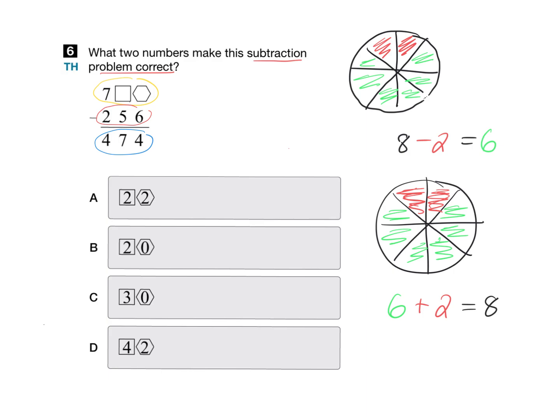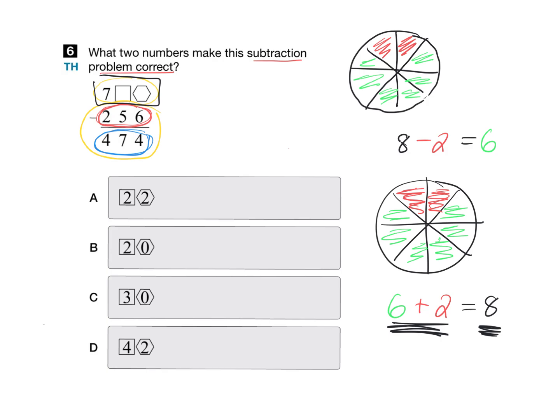As you can see, subtraction and addition are opposite. So if I know that I'm left with 474 and I took 256 away, what would I do with these two numbers to figure out what I started with?